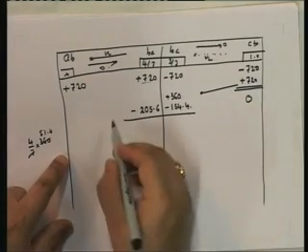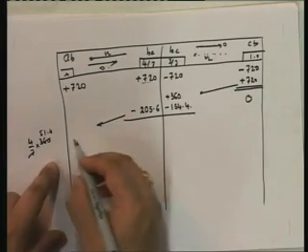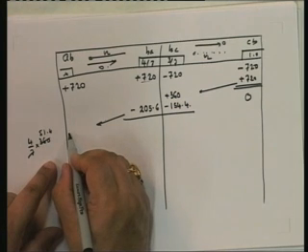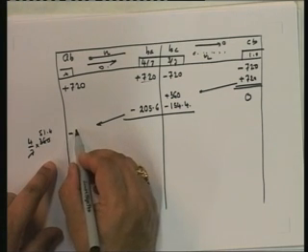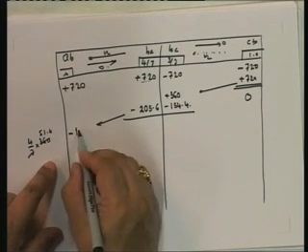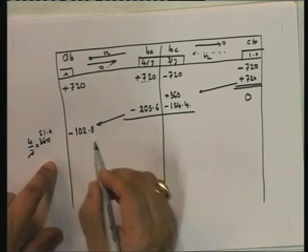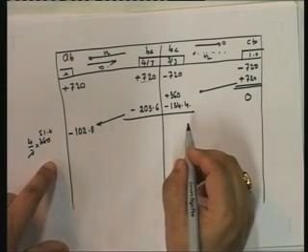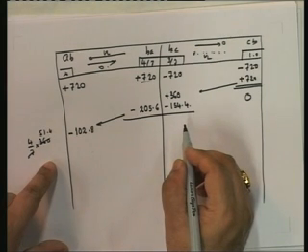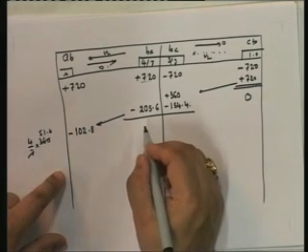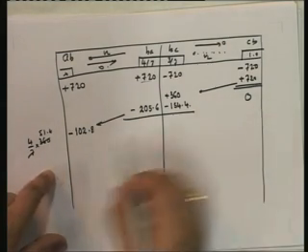This is the balance. Then you have half here, so this becomes minus 102.8. Okay. So that's it. That's done.